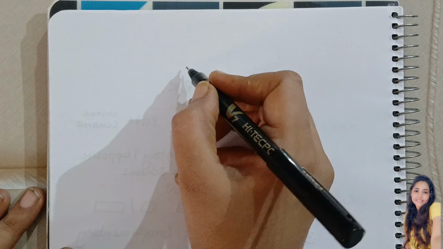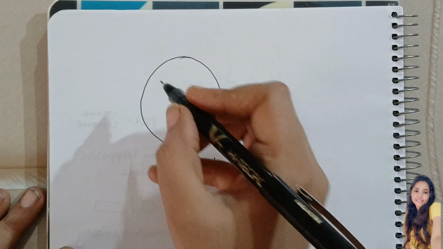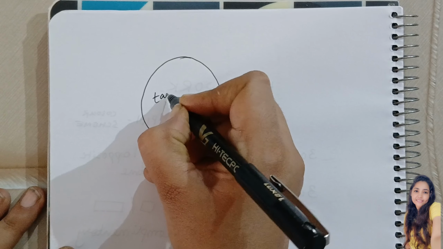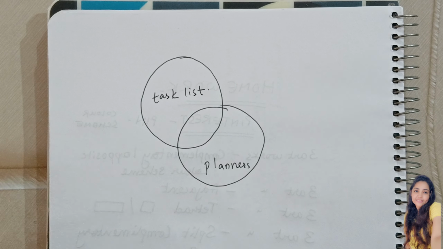Okay, so what do you mean by task? Now, task and planner are two different things. Task means what you will be doing in that particular time. Let's say from 1 to 5 is my class. If I have a class from 1 to 5, that will go in my planner.